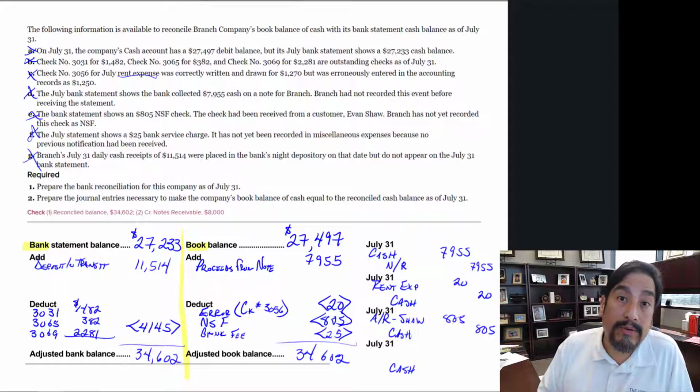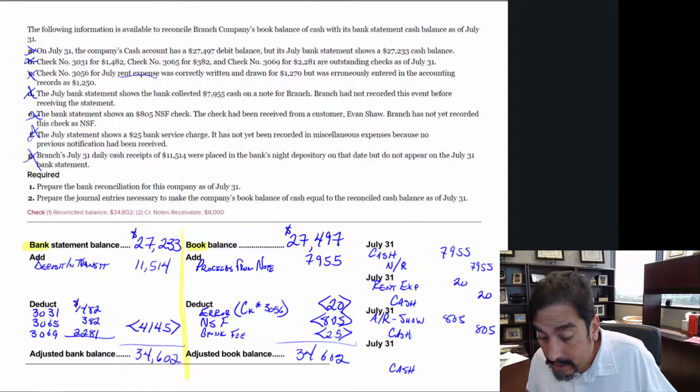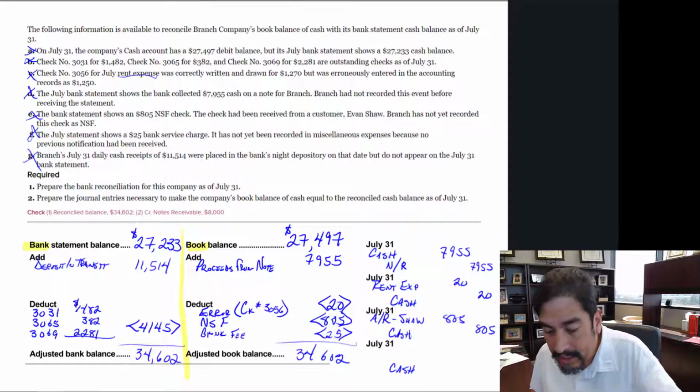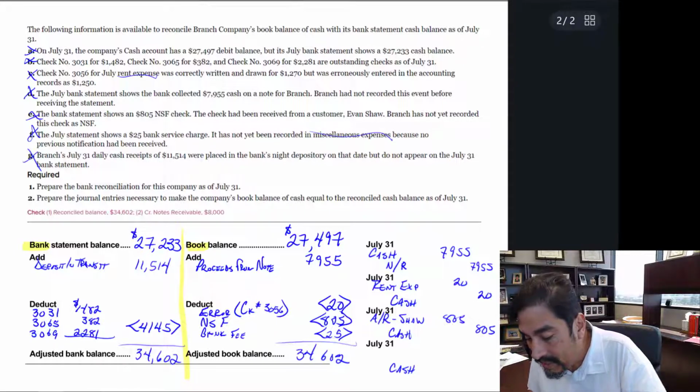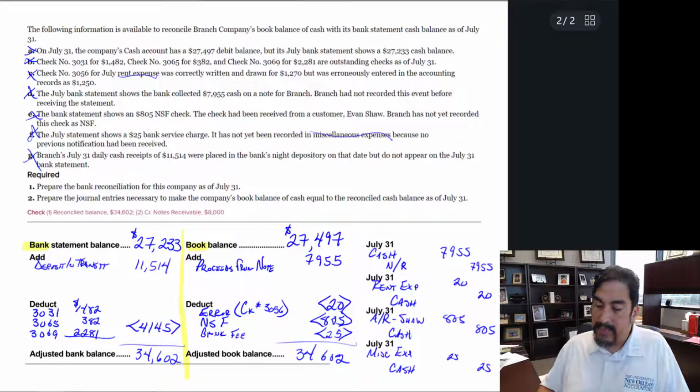We need $805 from you. And then finally, the bank fee. Where did they tell us to put it? We can use bank fee, bank charge, bank fee expense, but they're telling us to use miscellaneous expense. So miscellaneous expense for $25. And that's it.